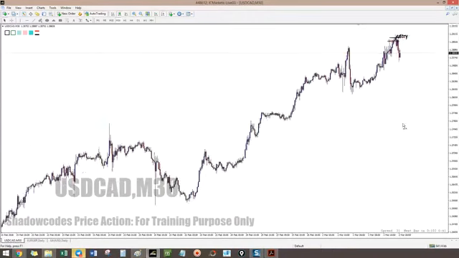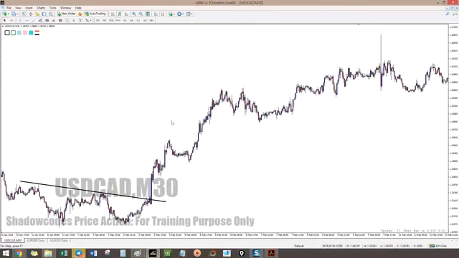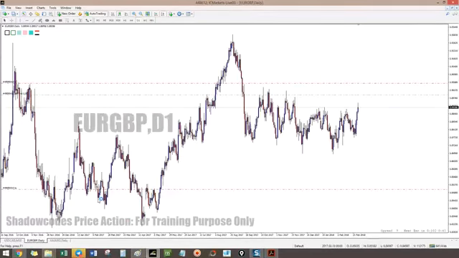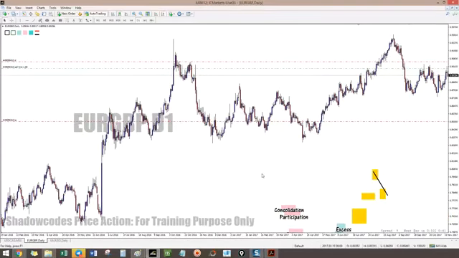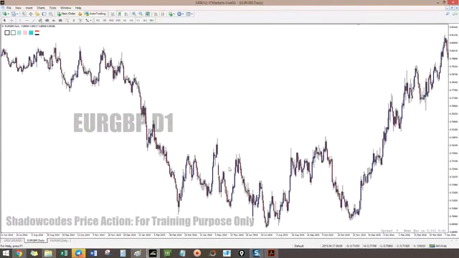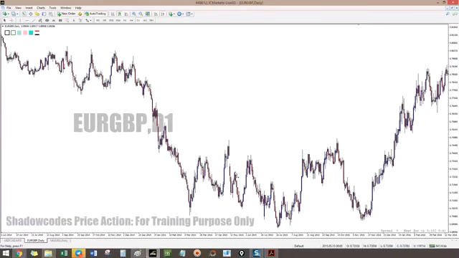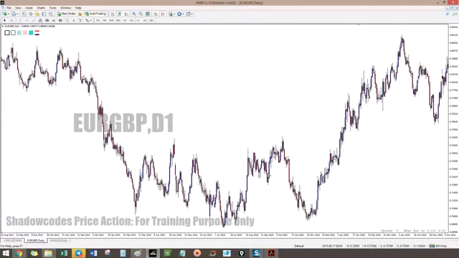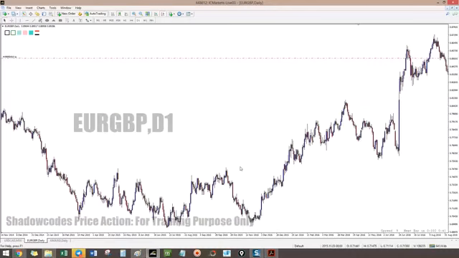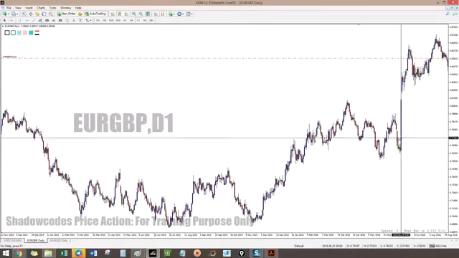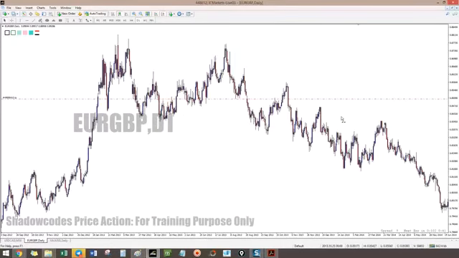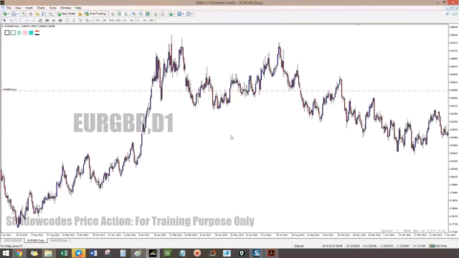This is a QM. No, let's find one in Euro GBP if we can. That's a QM. That is a good HNS. Don't want to make it complicated.